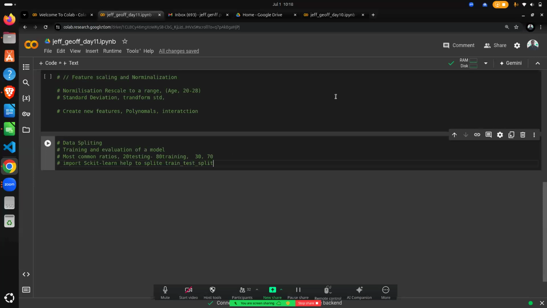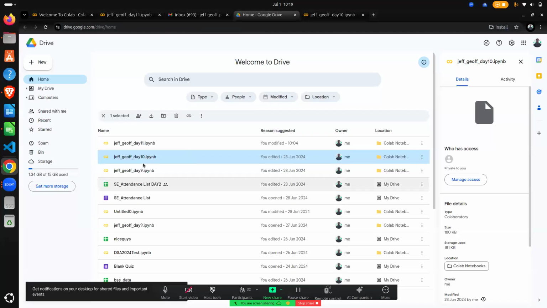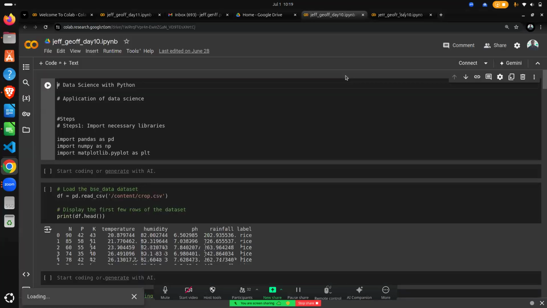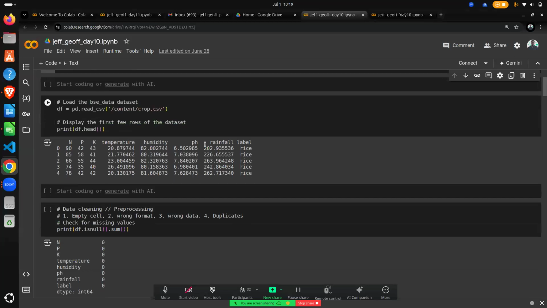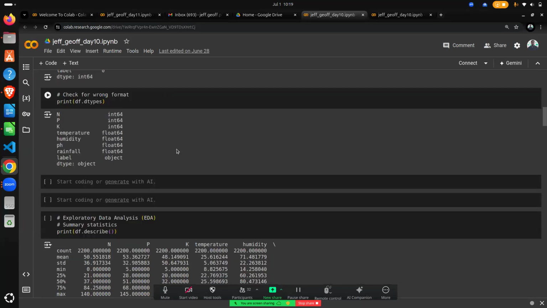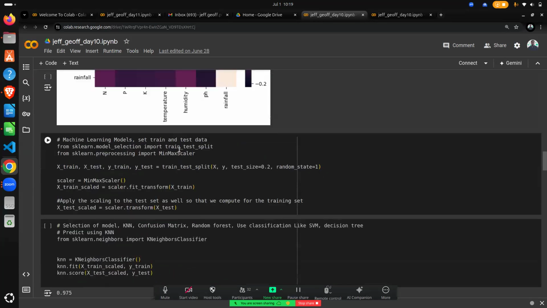When you look at the previous example here, if I can go back there to day 10. Processing. Exploratory, which is okay.